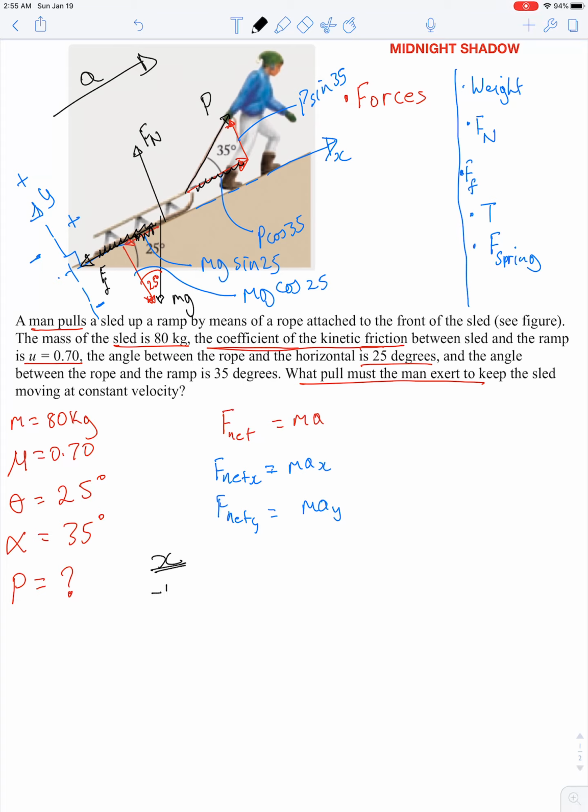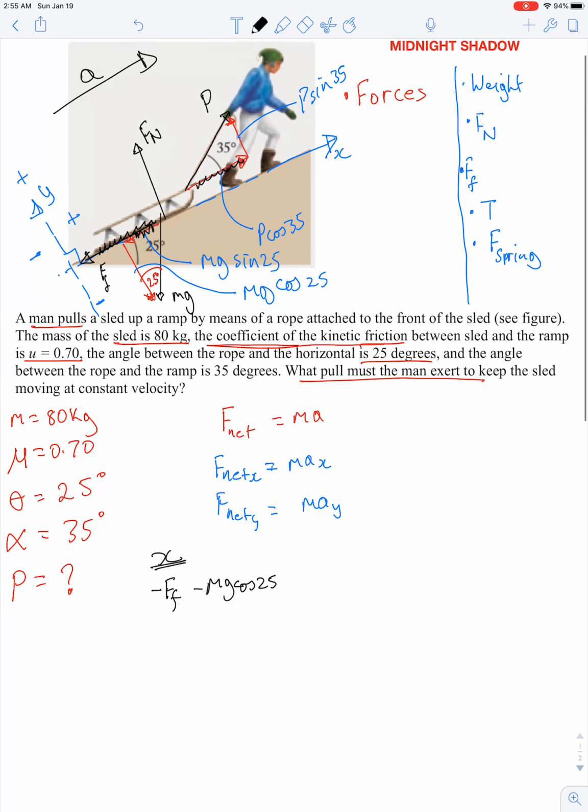That would be minus FF, minus mg cosine 25, plus P cosine 35, equals max, where ax is just a because that's the acceleration along there.